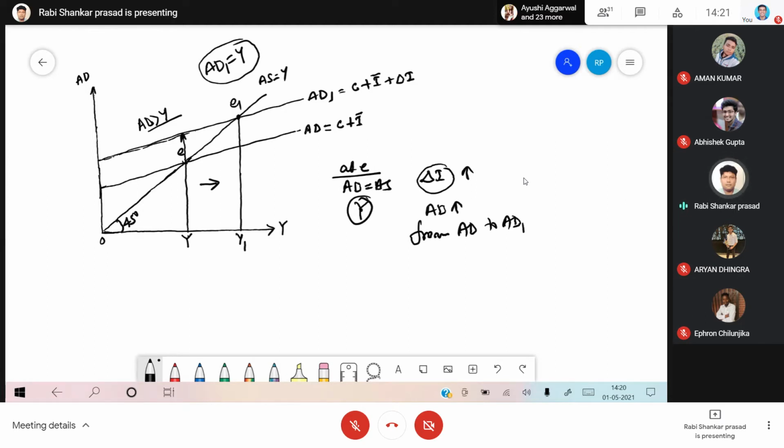Second, name each curve. Like the 45-degree line, I say it is the AS curve. The first one, we say AD curve. The second, we say AD1. What is AD1? It is the demand curve after the increase in investment. Explain each and every step. Write and practice this way so that you can write better in the exam.